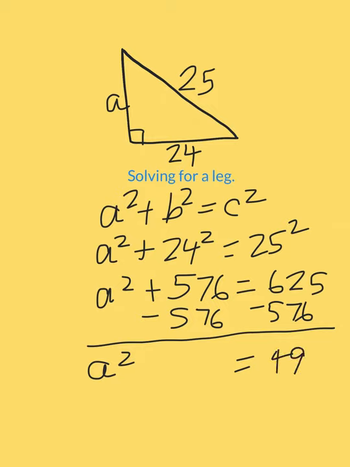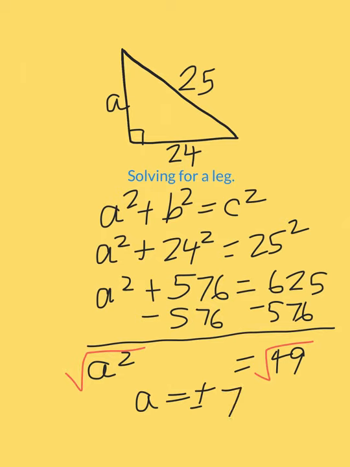To continue solving this equation, you want to take the square root of each side, and it looks like this. And what we get for an answer is a equals plus or minus 7.